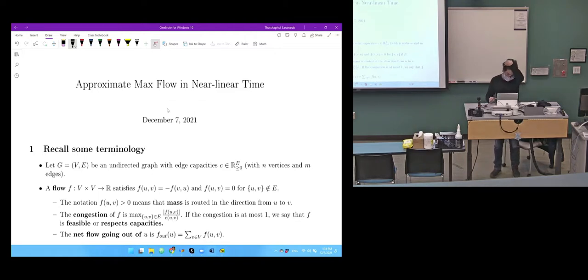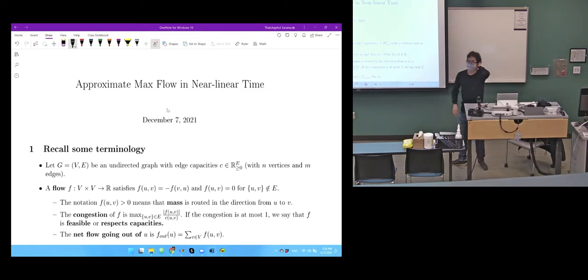Okay, so today we will talk about MaxFlow, how to solve MaxFlow in nonlinear time. During the time when I was a PhD student, this was out of reach. No one would have thought that MaxFlow can be solved in nonlinear time.